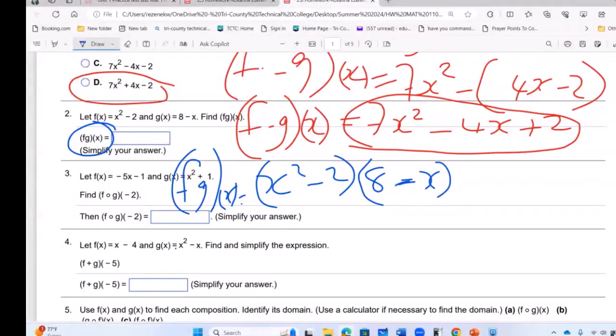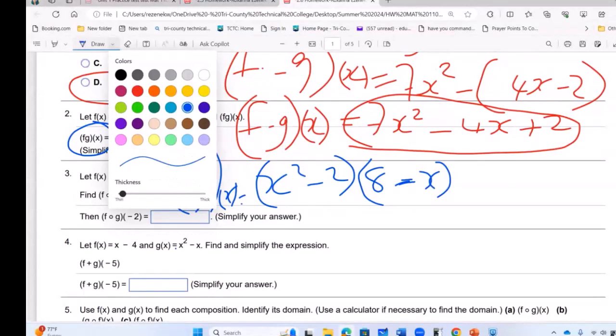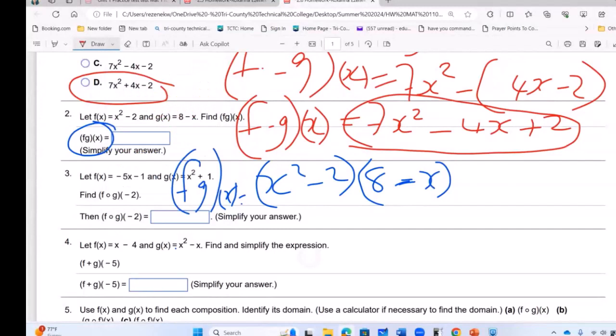equals, so I'm foiling. Let me use a red. All right, x squared multiply 8, x squared multiply negative x, negative 2 multiply. So I have just done the foiling here, and I'll take time to multiply and bring them down.